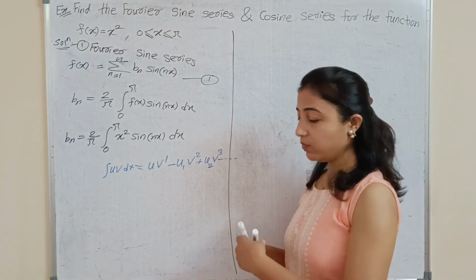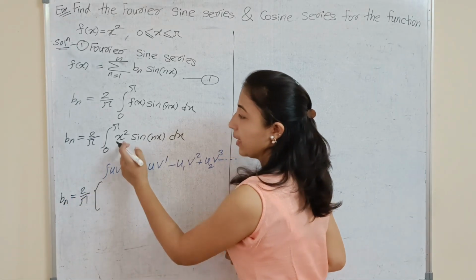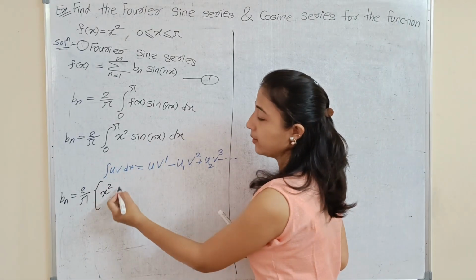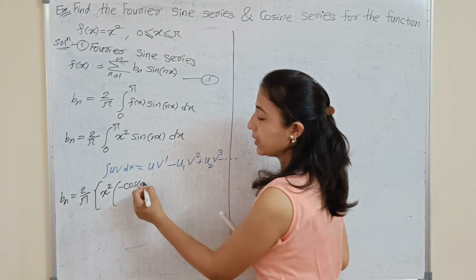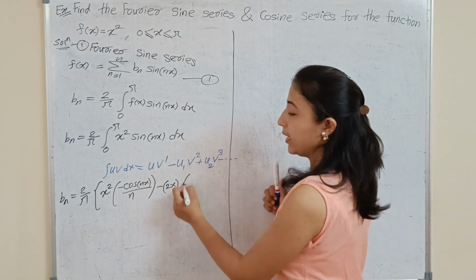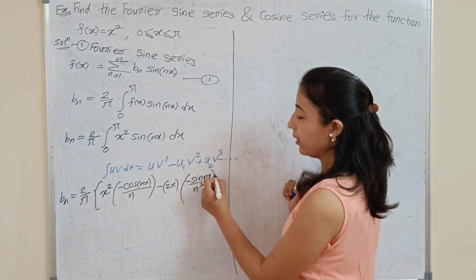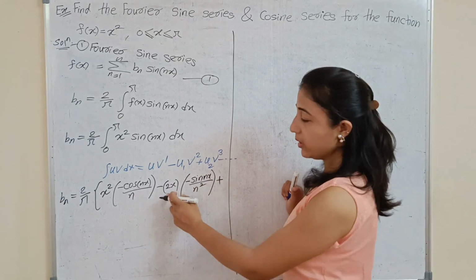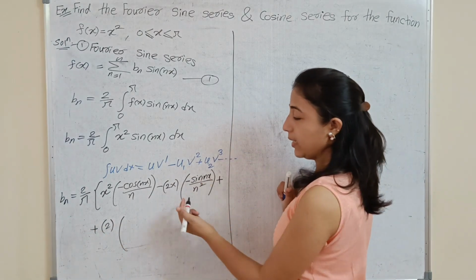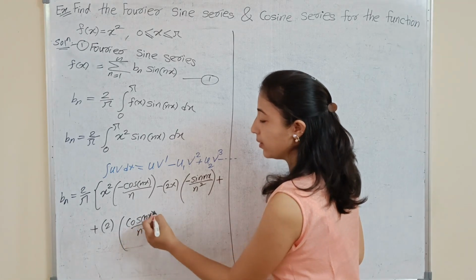If we apply the continuous integration formula here, Bn is 2 by pi, constant term outside as it is, x square as it is, integration of sine is minus cos nx divided by n, minus derivative of first term 2x, integration of second term, so it is minus sine nx divided by n square, plus derivative again of first term, 2x derivative is 2, and integration of second term, sine integral is minus, already there is minus, so cos nx upon n cube, limit is 0 to pi.